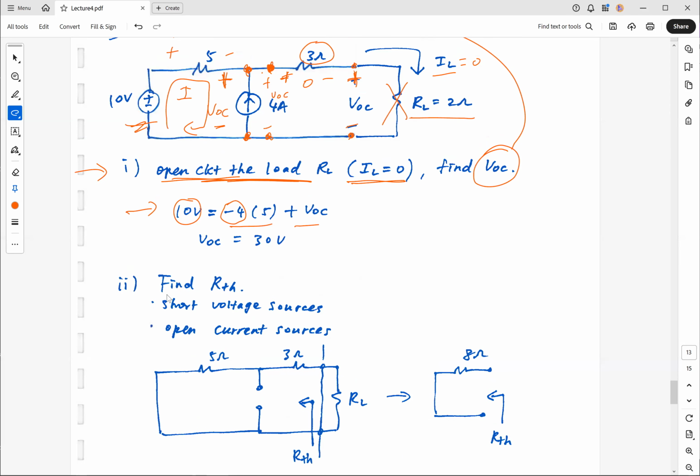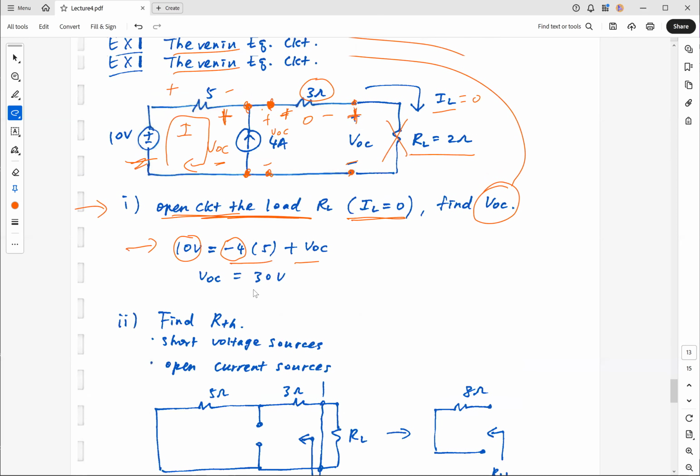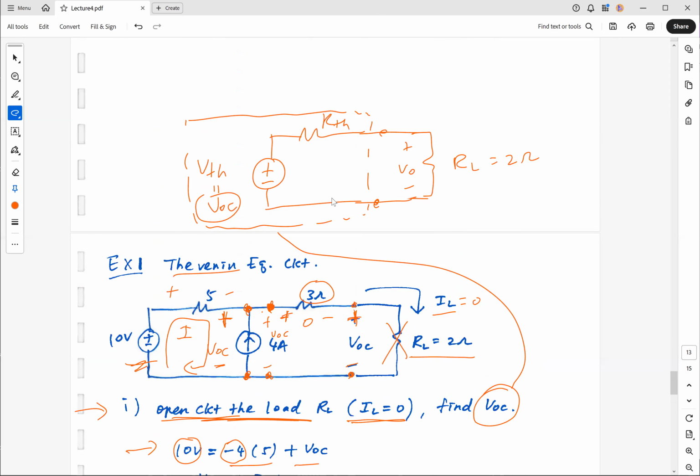All right, so the next step is to find RTH. Let's quickly go back to revisit this Thevenin equivalence. We just found VOC, and we know VOC is equal to VTH. The only component that we need to find is RTH so that we can complete our mission here.